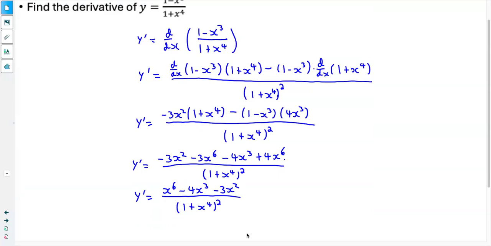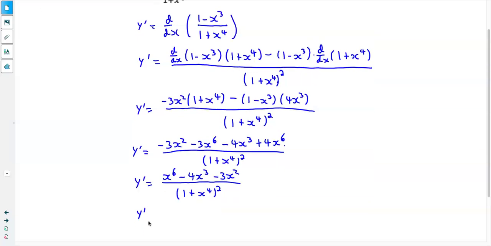Now, if we want, we can simplify this a bit because essentially we could factor an x squared out of our numerator. So we could say this is x squared times x to the 4 minus 4x minus 3 over 1 plus x to the power 4 squared.